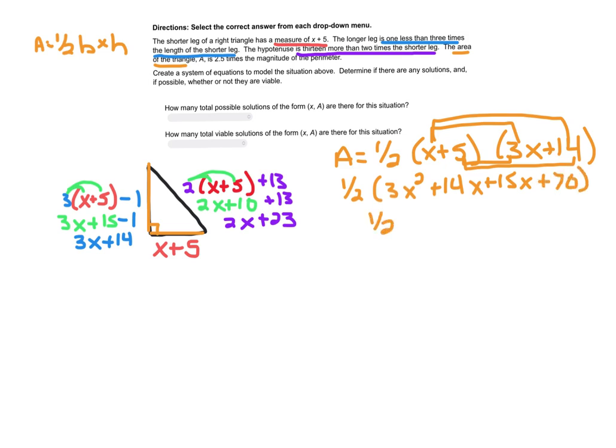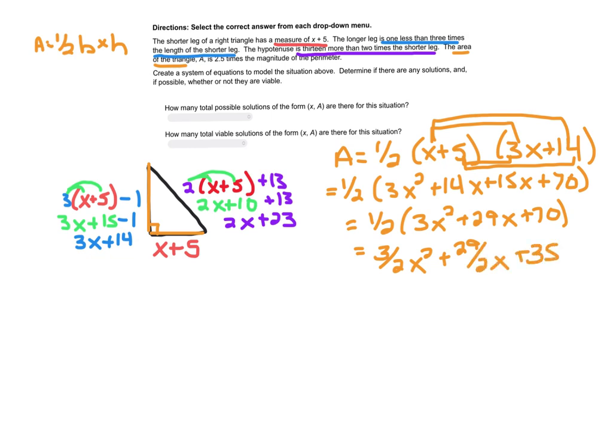Combining our like terms, so I get 3x squared plus 29x plus 70. To take half of that and distribute now my 1/2, that's going to leave us with 3/2 x squared plus 29/2 x plus 35. So we now have the area.